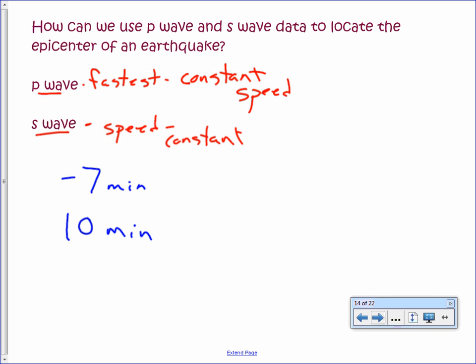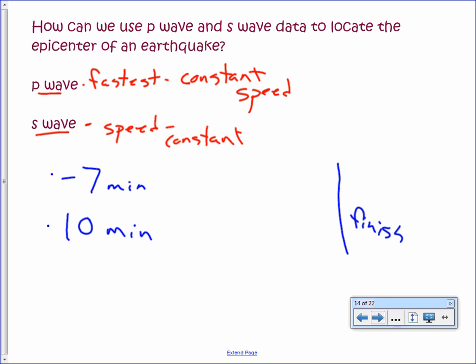Now, in a 1 mile race, okay, here's the finish line. In a 1 mile race, what's going to be the difference between this person and this person? 3 minutes. Okay. What if you ran just a 100-yard dash?